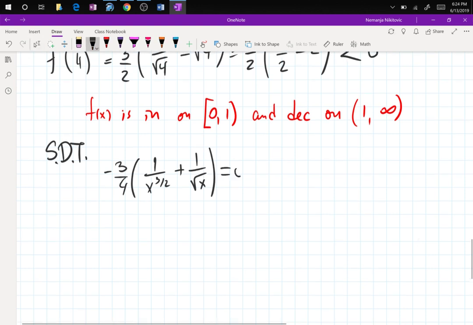Set it equal to 0. We have to solve 1 over x to the 3/2 plus 1 over root x equal to 0 because, right, when you multiply both sides by 4/3, it goes away.